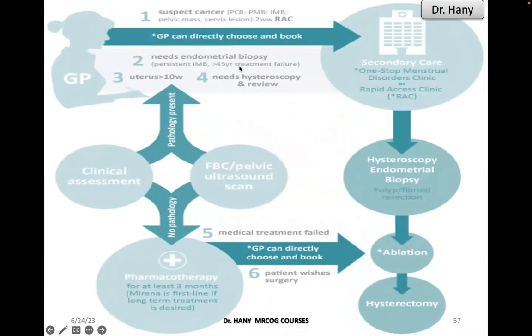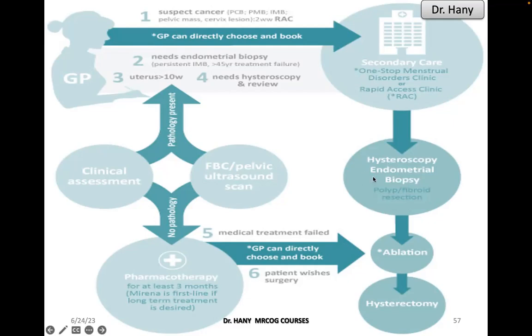Need hysteroscopy. The indication for hysteroscopy: persistent intermenstrual bleeding, more than 45, failure of treatment, or fibroid needing removal and biopsy, or any postmenopausal bleeding with HRT. So I will put these in the rapid access clinic.